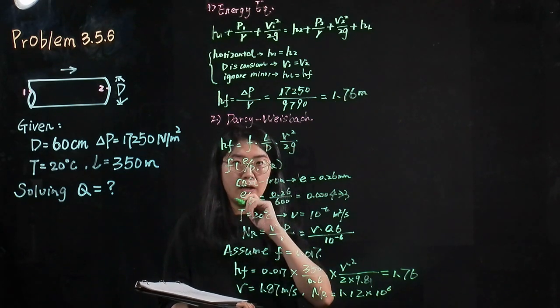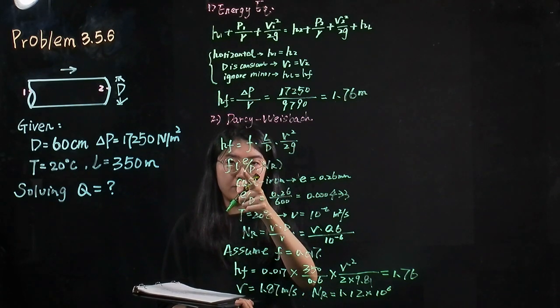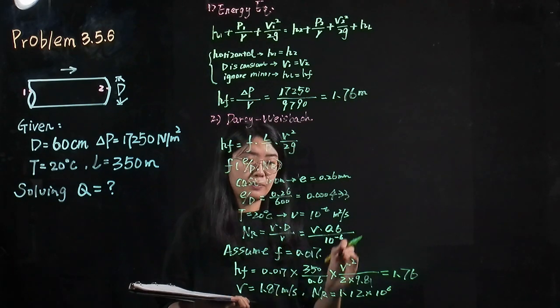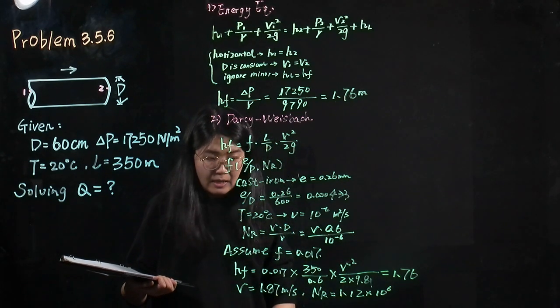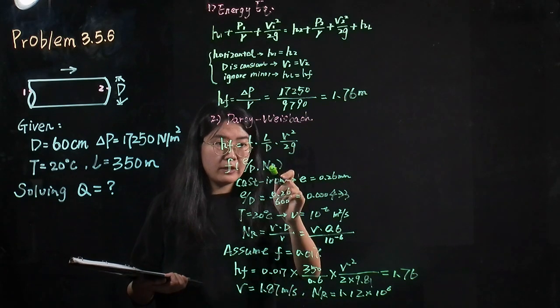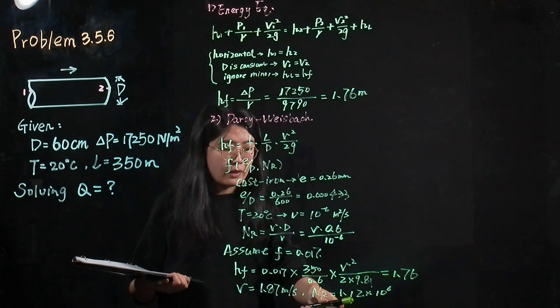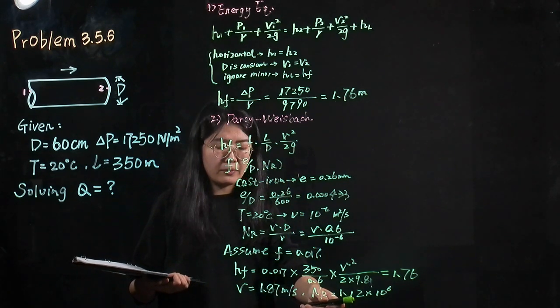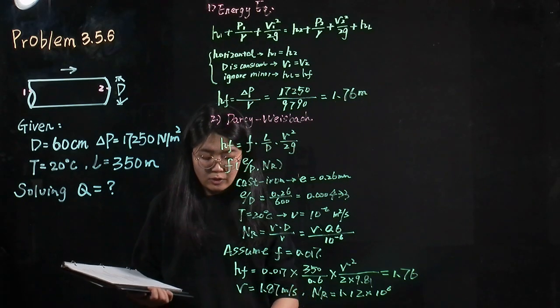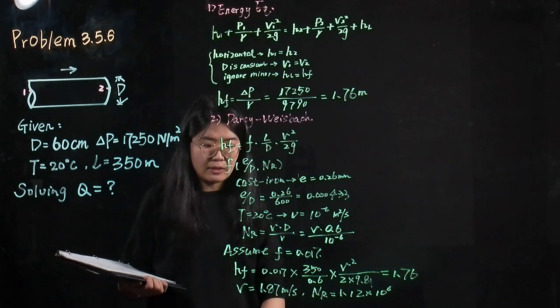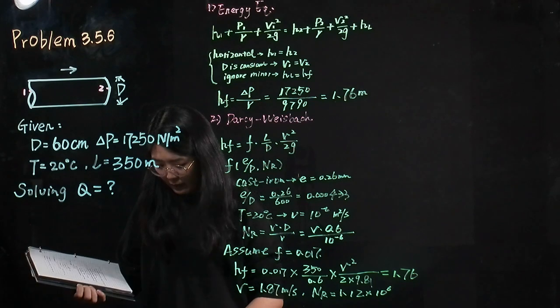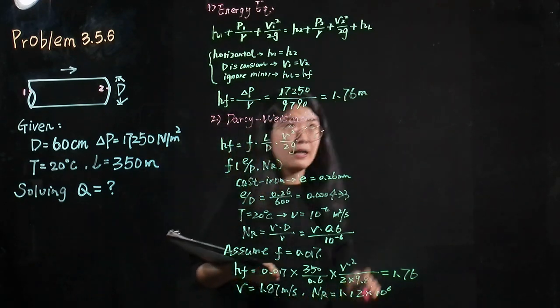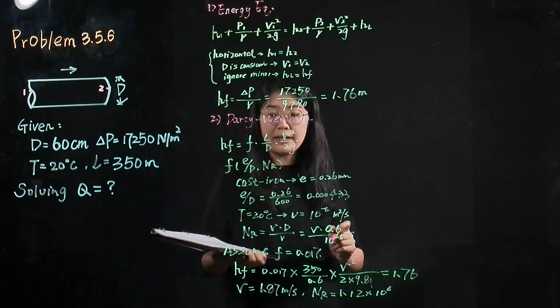Because we know the friction factor and the relative roughness, we want to use a Moody diagram to find the Reynolds number and compare it to the one we calculated, to see whether or not it is a good assumption. So the next step is to check the values in the Moody diagram.